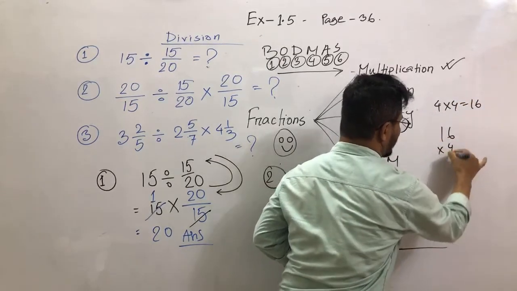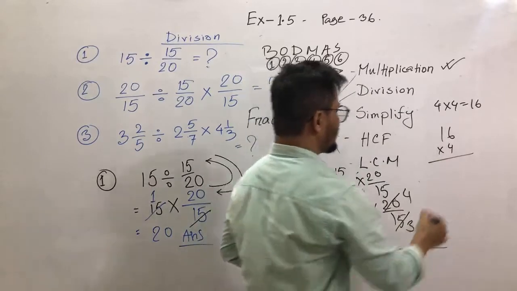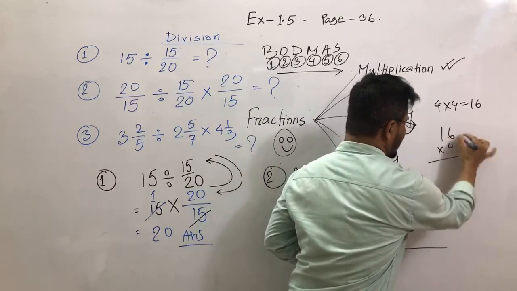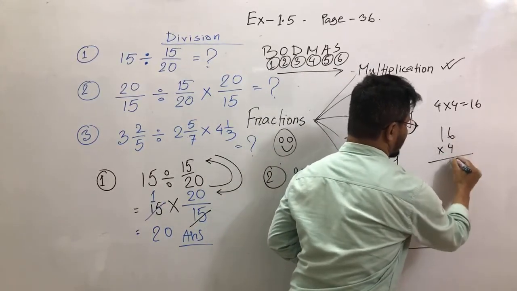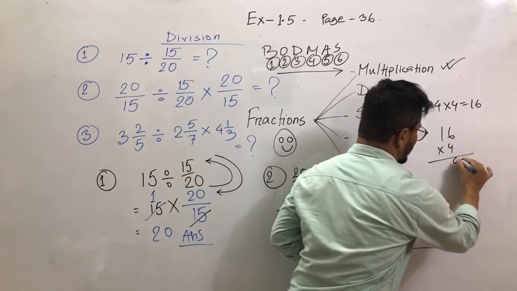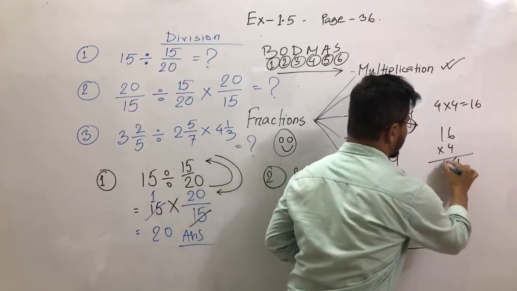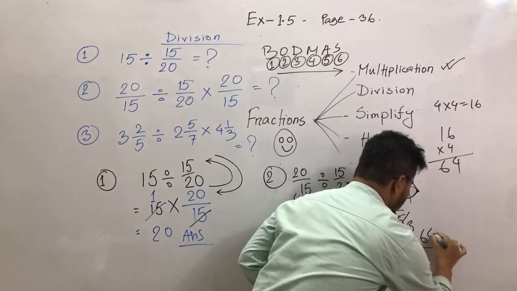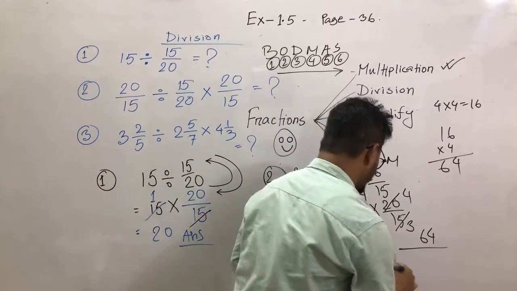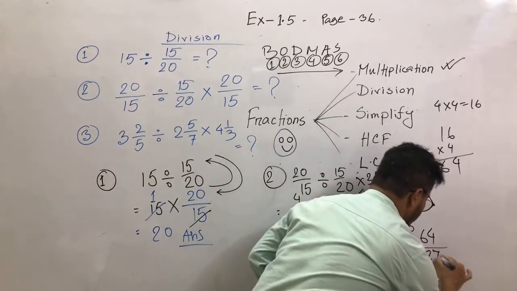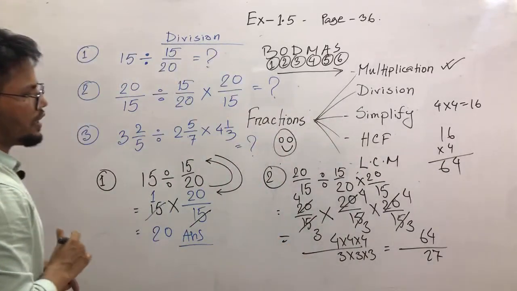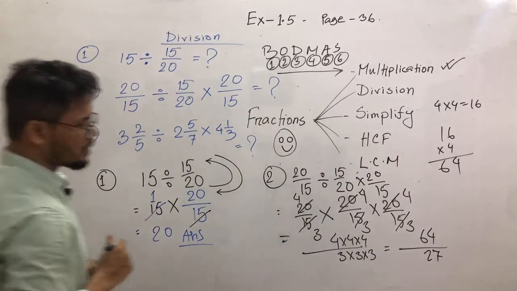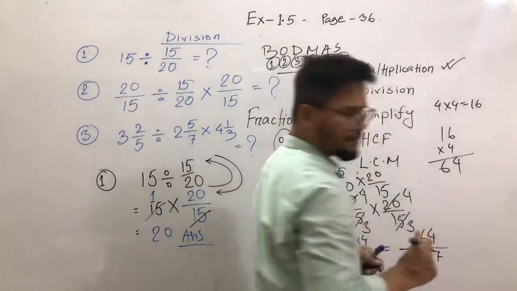Now 16 multiply another 4. You will get 4 sixes are 24, and then 4 ones, so 64. So this is now 64 divided by 3 threes are 9, 9 threes are 27. 64 by 27. Now convert this into a mixed fraction.